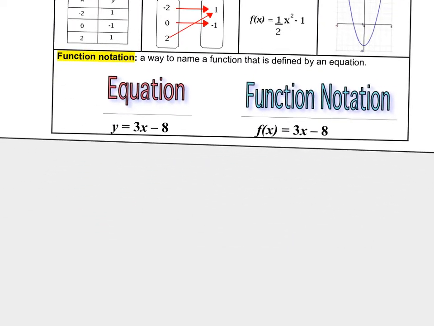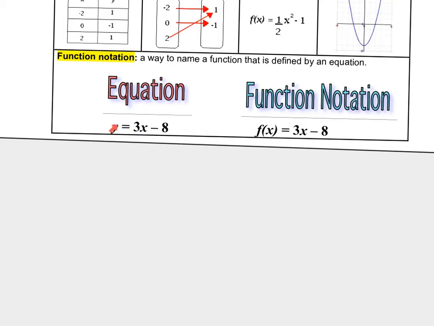Function notation and an equation are basically the same exact thing, except that function notation says f parentheses x will give you 3x minus 8. Basically, all they want to know is what would x do to the value of the output? Well, it depends on what you put in for x.